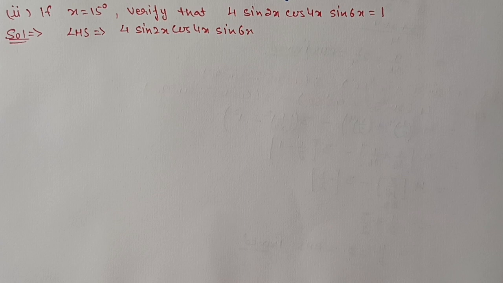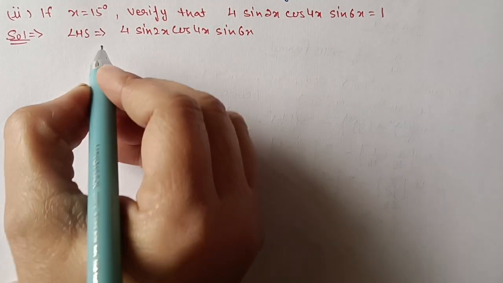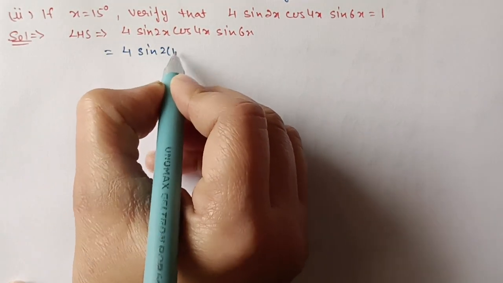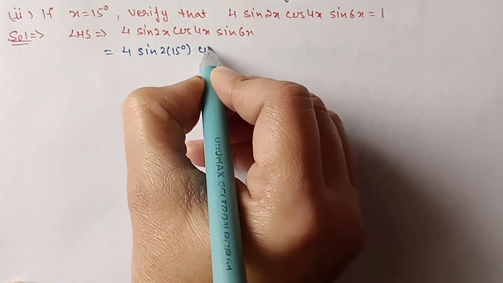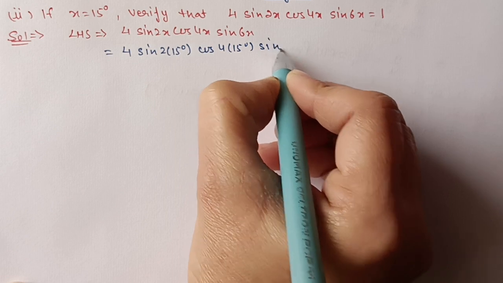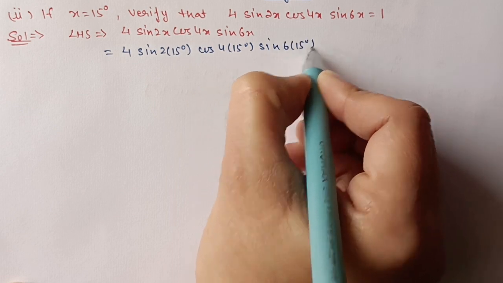Next we have question number 5 second part. If x is equal to 15 degree, verify 4 sin 2x cos 4x and sin 6x is equal to 1. So substitute values here. 4 sin 2 into 15, cos 4 into 15, sin 6 into 15.